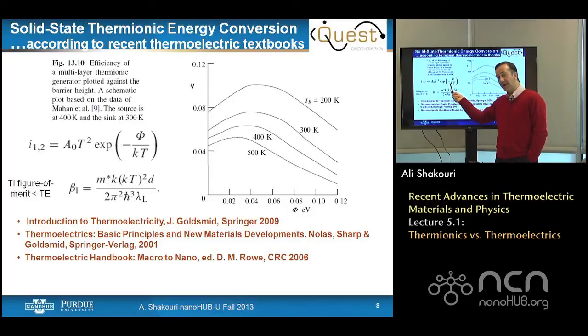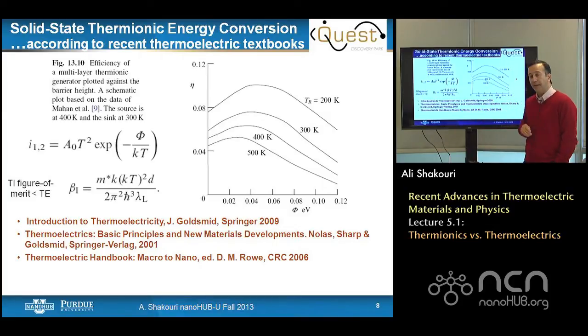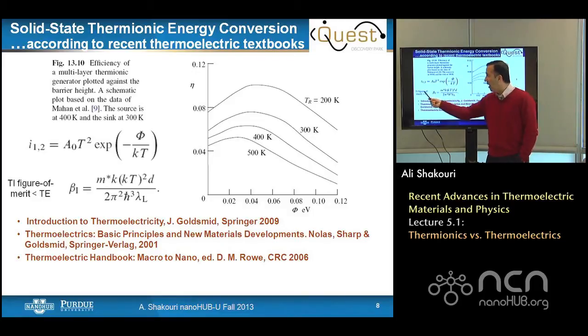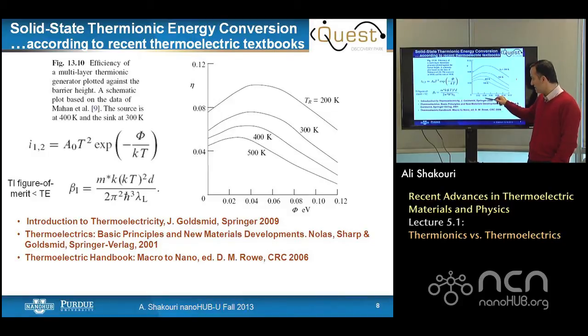If you linearize the Richardson equation, you get the TI figure of merit, and it was shown by Mahan and Vining and others that the TI figure of merit is always smaller than the TE figure of merit, and this is what is described in these main textbooks.